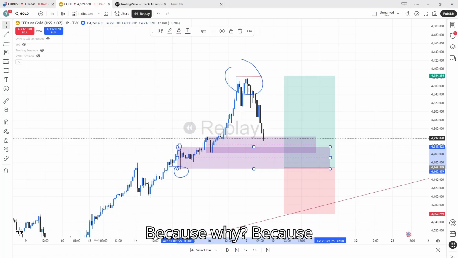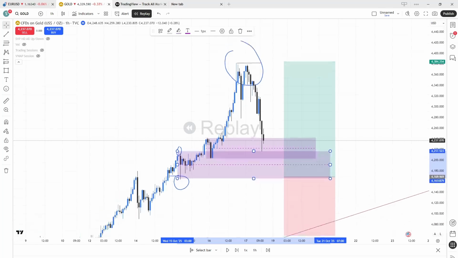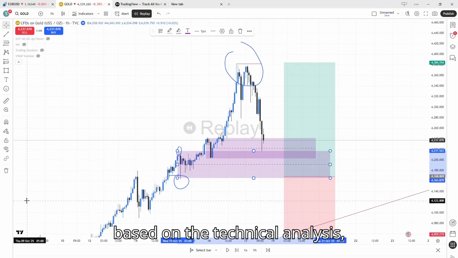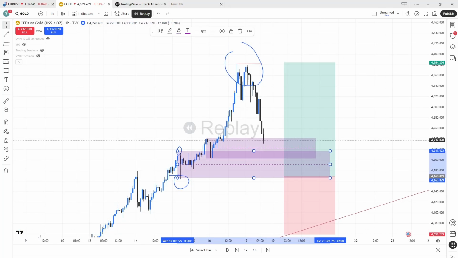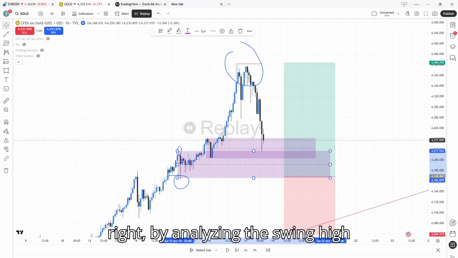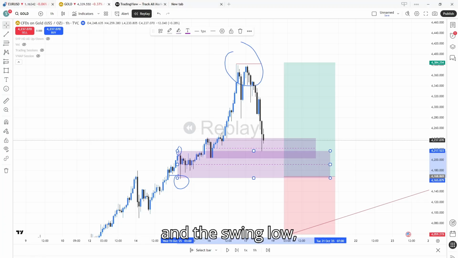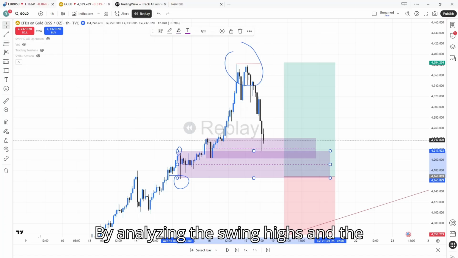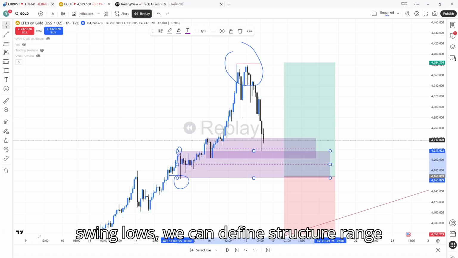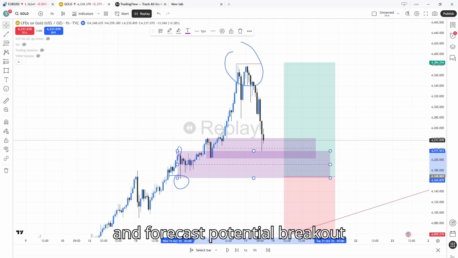Because why? Because based on the technical analysis, right? By analyzing the swing highs and the swing lows, we can define structure range and forecast potential breakout or reversal zones.